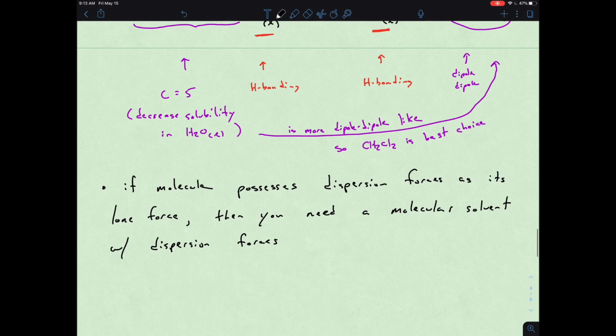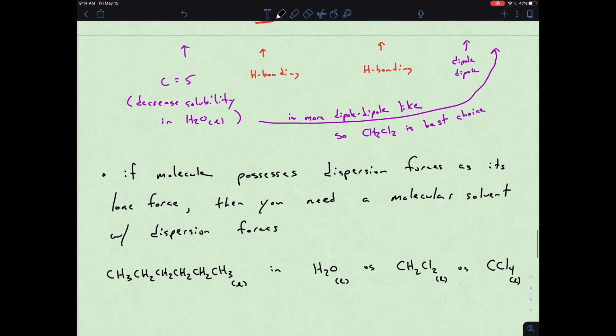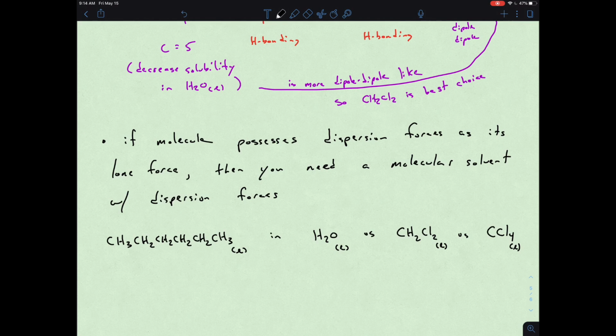So if we were to look at hexane in water versus dichloromethane versus carbon tetrachloride. Here we have our dispersion forces.